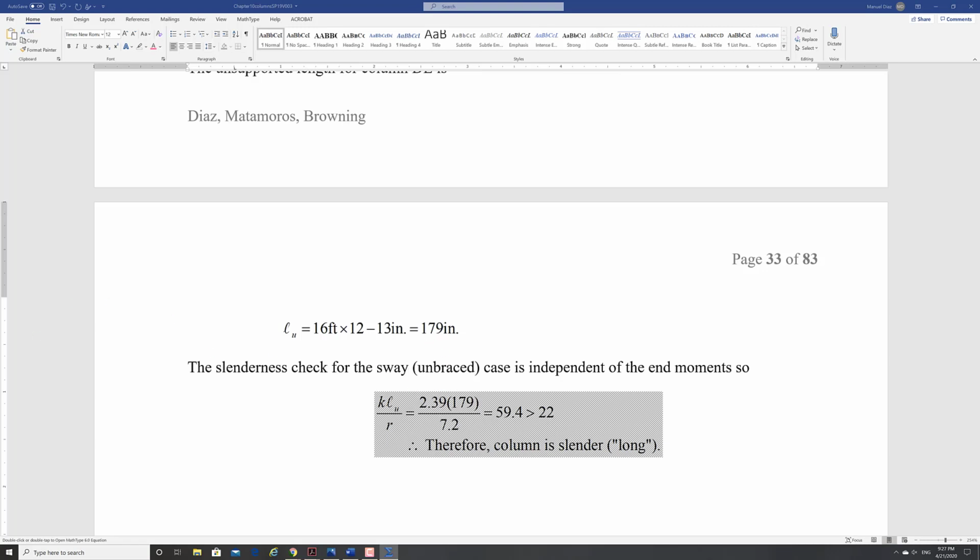Okay, 56.9. So 56.9, there it is. All right, so 56.9. And still, I mean, it's long. Okay, so this is slender.